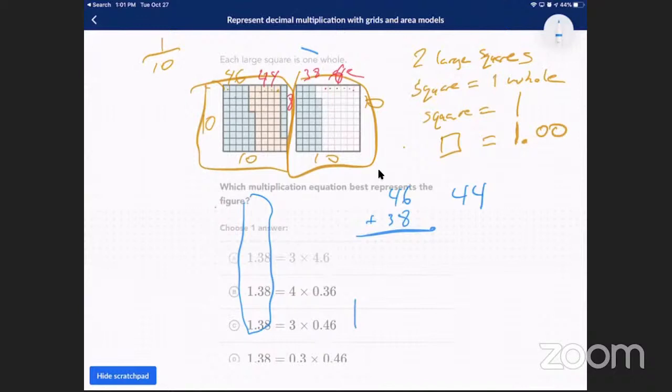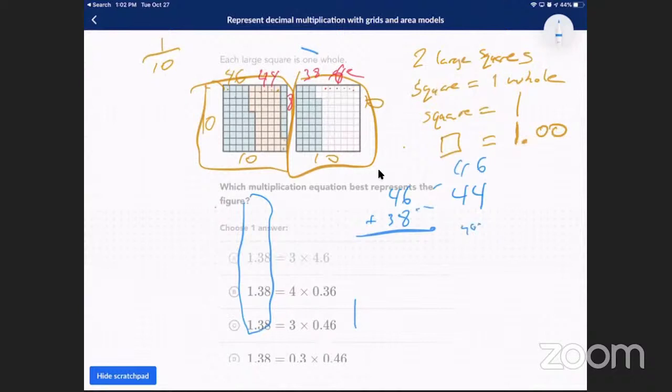I'm confused. Yeah, it's 46 plus 38. That sounds so weird to me. Let me see something real quick. It's 1096. Oh wait, 6.